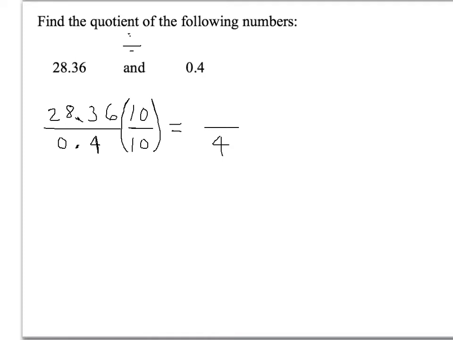It moves the decimal over here. So that is 283.6 divided by 4. Okay. Now that I've got the number the way I want it, I'm going to write this over here, 283.6 divided by 4. I'm going to clean this up a little bit. I've got limited room.